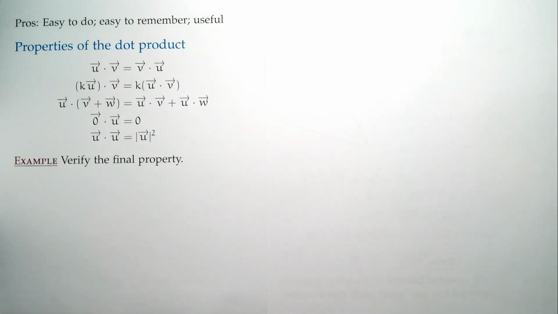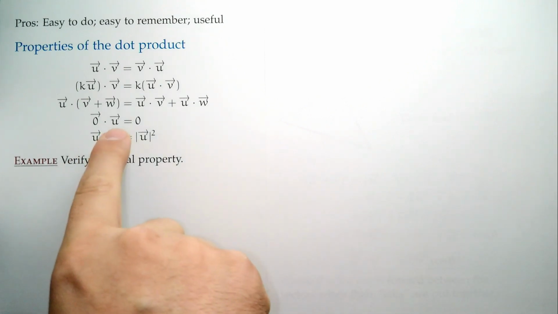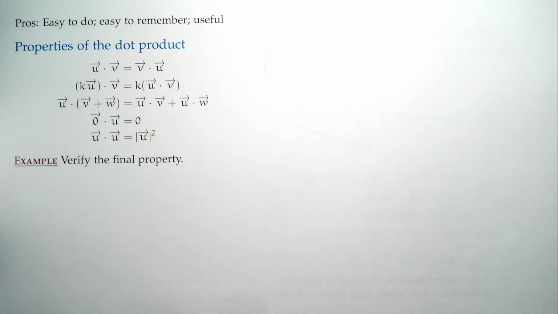If I take the 0 vector dotted with any vector, I'm going to get 0. That's easy to see because the 0 vector has all 0 entries. So 0 times anything is 0, and if you add up a bunch of zeros, you still get 0. And the last thing here is that u dot u is the magnitude of u squared.